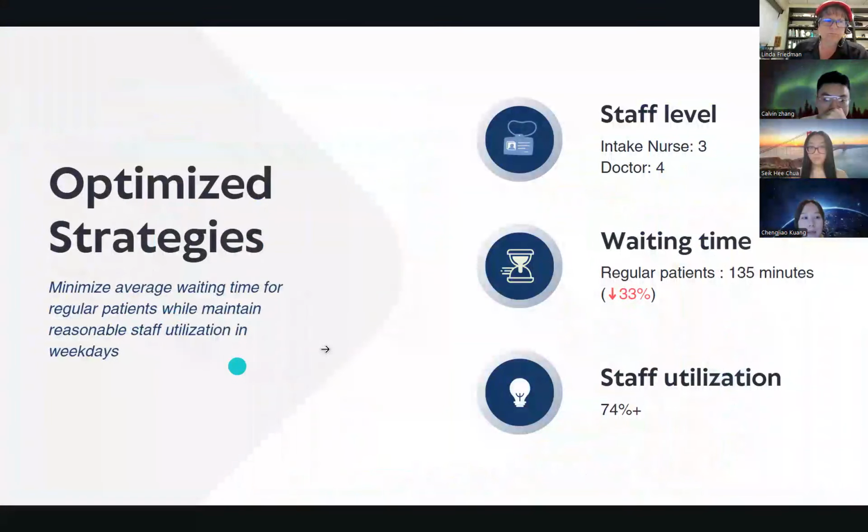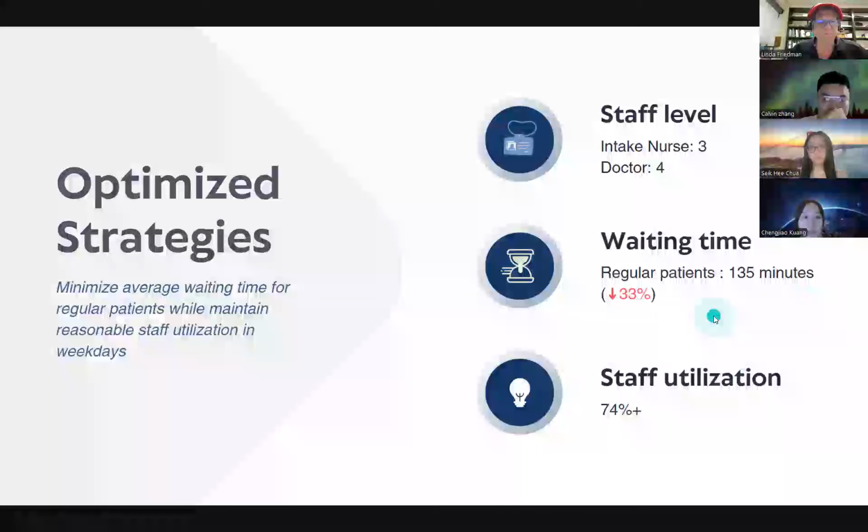Now this is our optimized strategy to minimize average waiting time for regular patients while maintaining reasonable staff utilization during weekdays. For the staff level, it's 3 nurses and 4 doctors. Then the average waiting time for regular patients will reduce by 33% while maintaining staff utilization over 34%.